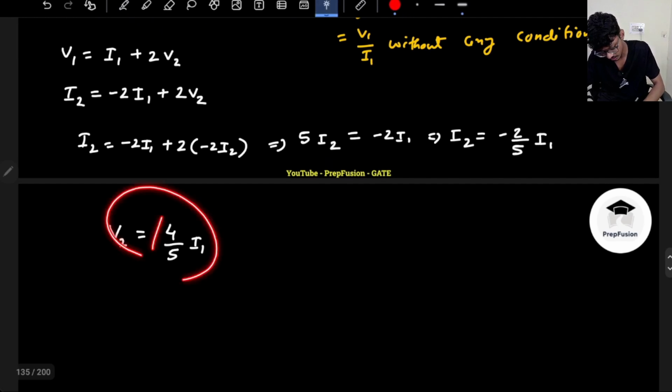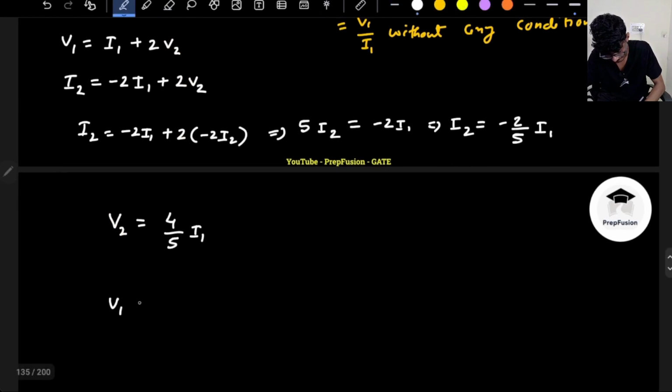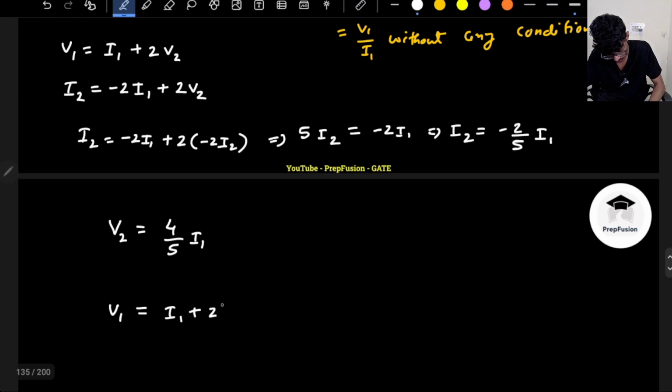So I will replace this V2 in this equation. So I will get the ratio of V1 by I1. So V1 will be equal to I1 plus 2 into V2. 2 into V2 is 4 by 5 I1.